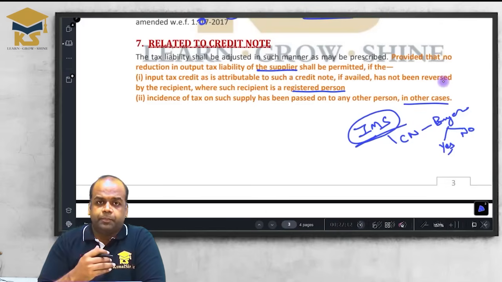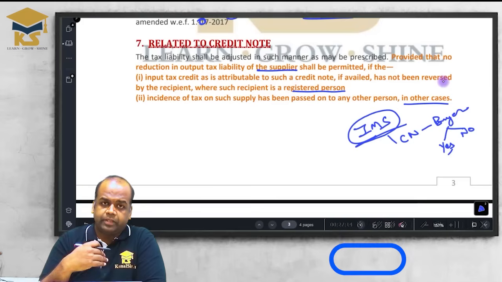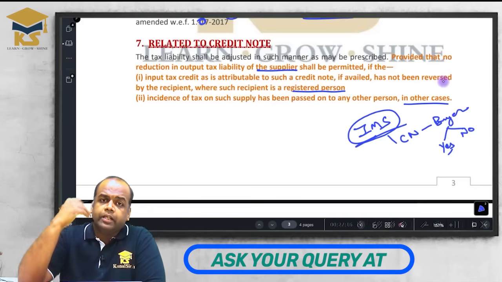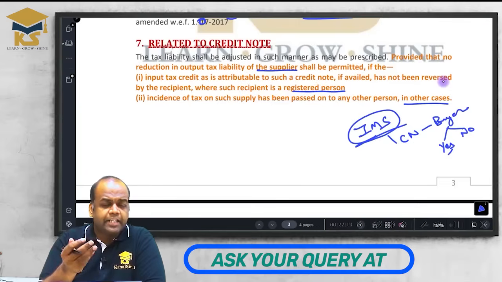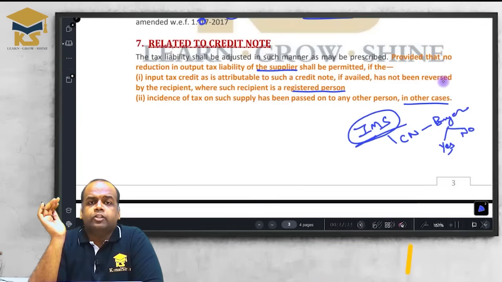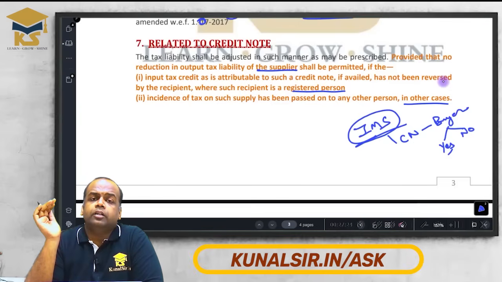Like in case of an unregistered person, I have charged from the customer. It means incidence of tax has been passed, then reduction of output tax liability is not allowed.